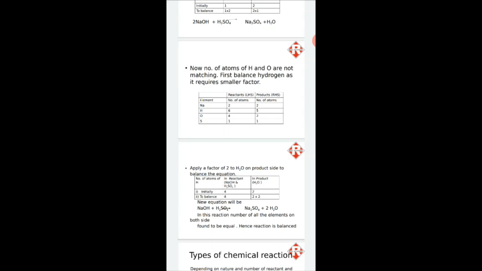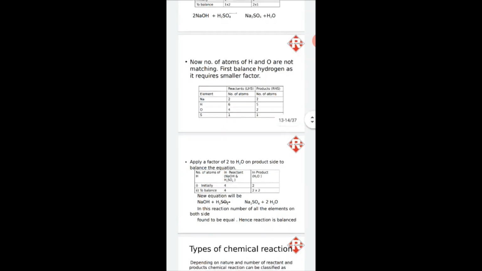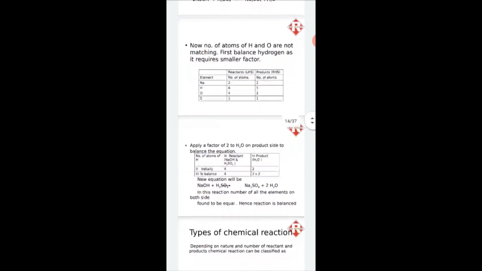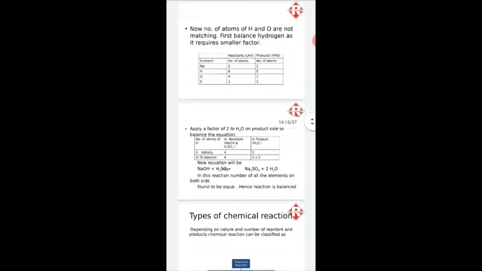Sodium both sides 2 and 2, hydrogen LHS 6, RHS 2, oxygen 6, RHS 5, sulfur 1 and 1.